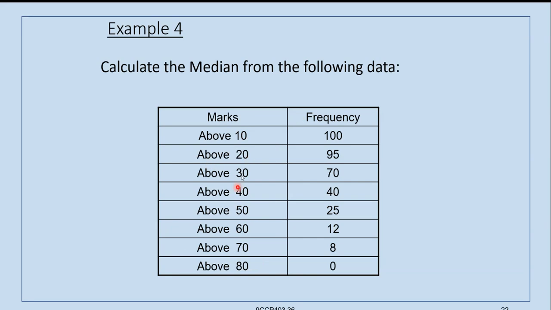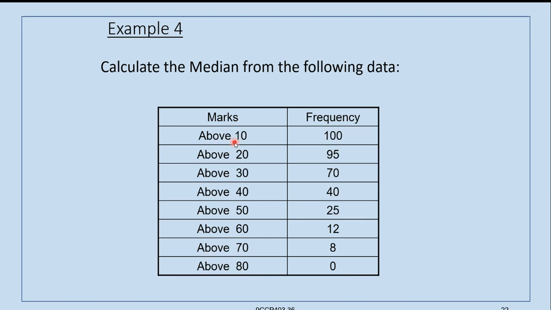Taking example, above 10, above 20, above 30, above 40, above 50, above 60, above 70, above 80. Here, please listen carefully how to convert this class interval into a normal class interval. So we have to see what we are given, what we have, and what we have to find out. We have above 10.